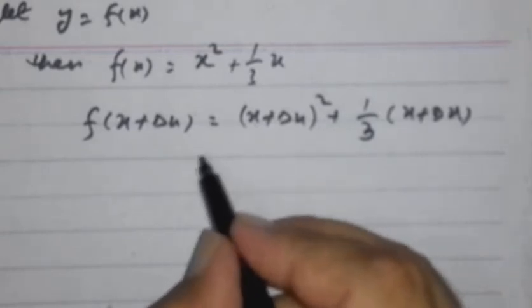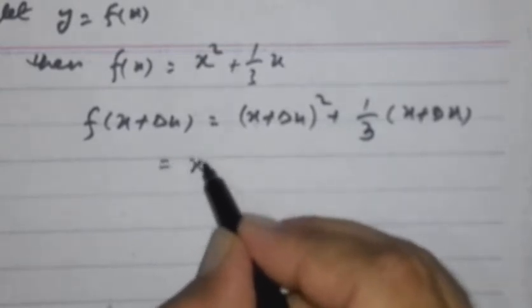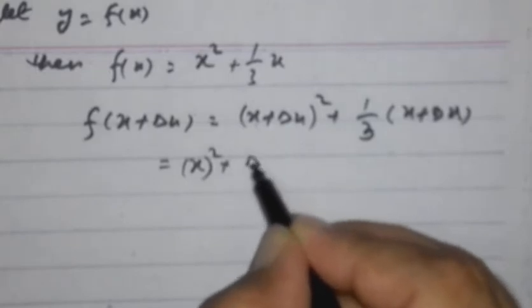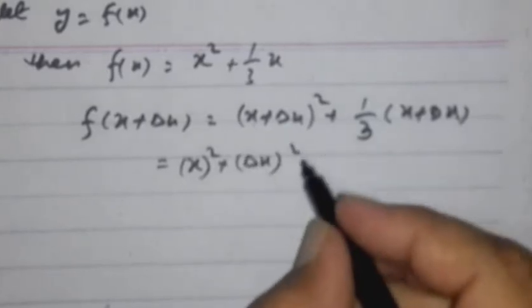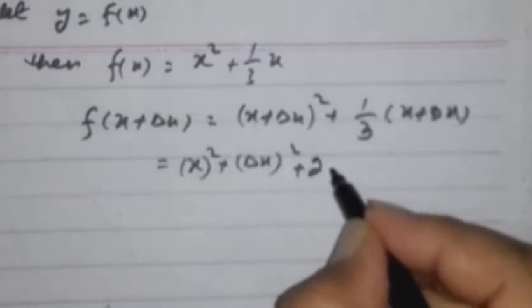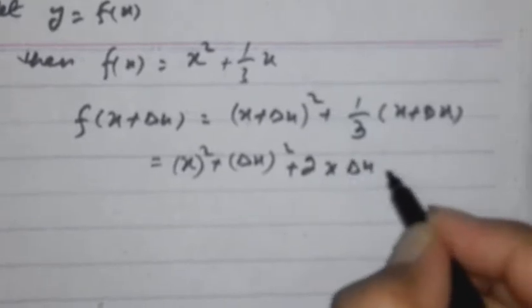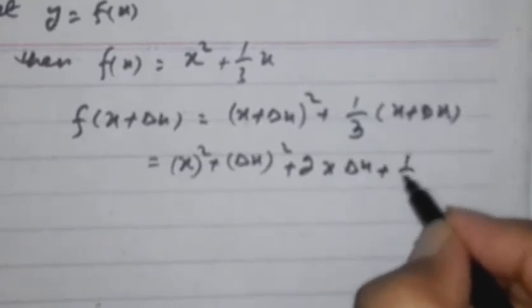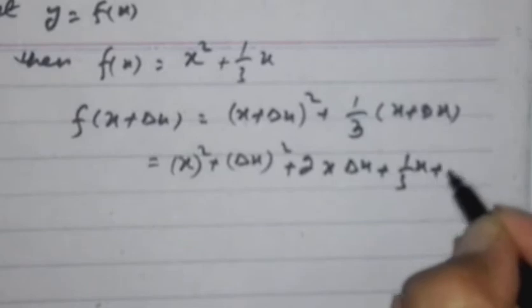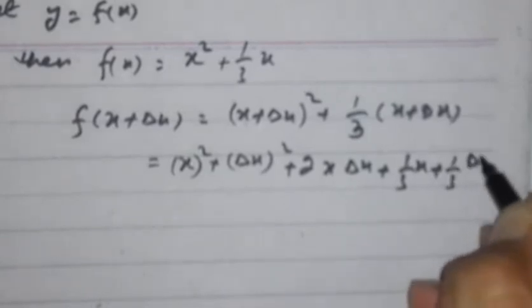Now expand this: x square plus del x square plus 2 times x del x, and plus 1 by 3x and plus 1 by 3 del x.